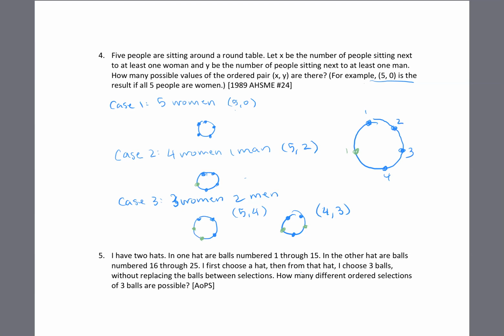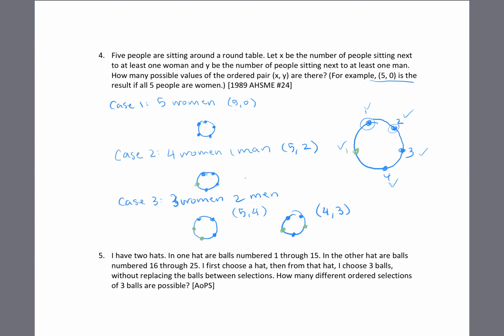Looking at the people seated next to a woman: woman 1 is seated next to woman 2. Woman 2 is seated next to woman 1 and woman 3. Woman 3 is seated next to woman 4 and woman 2. Woman 4 is seated next to woman 3. And man 1 is seated next to woman 1 and woman 4. So everyone is seated next to a woman.